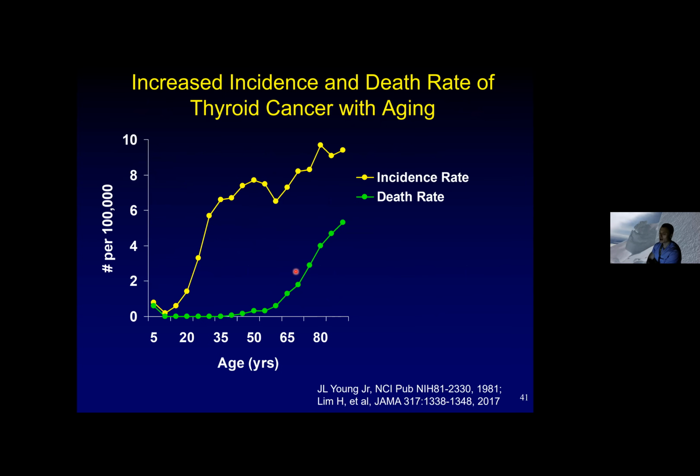So you can see here the relationship between the incidence and the death rate of thyroid cancer with aging. As we age, the prognosis of having thyroid cancer obviously worsens, and the incidence also increases.